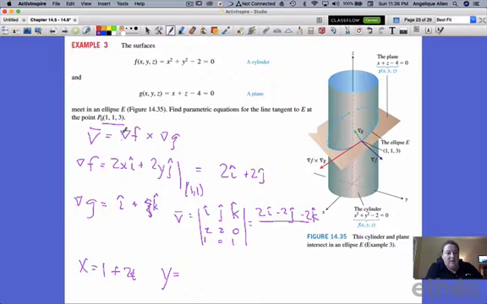Then our y component is going to be our y coordinate of p naught, 1, and in our direction we get from our v vector times t. And for z, we start from 3, which is z naught, and we go in the direction of our cross product vector, and we come up with our parametric equation. See, there was a good deal of setup here in order to get a vector that's in the direction of the line that we were seeking. So we're not stopping here saying this vector is tangent to the ellipse. We want to know the actual equation of the line tangent to the ellipse.